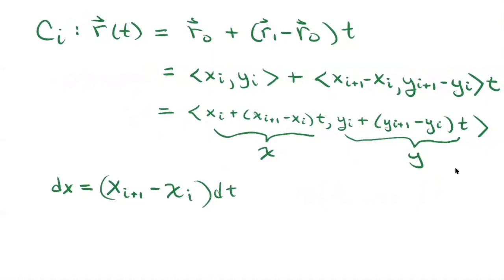And dy will be likewise y sub i plus 1 minus y sub i times dt. And it's almost to the point where you could just plug and chug this.